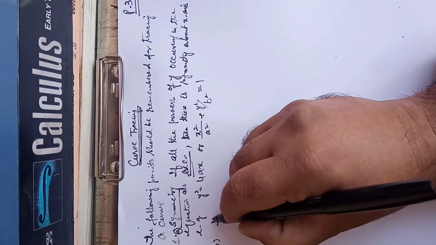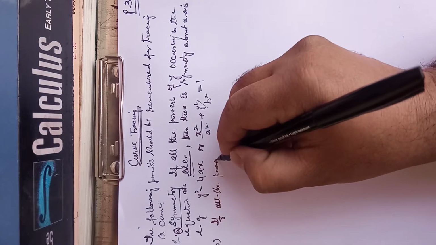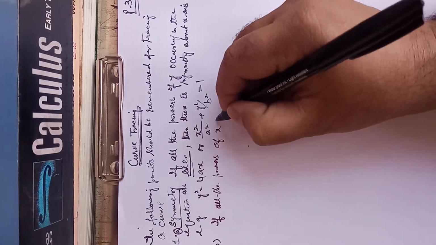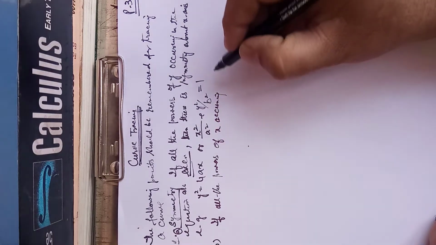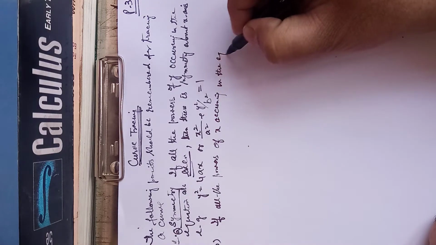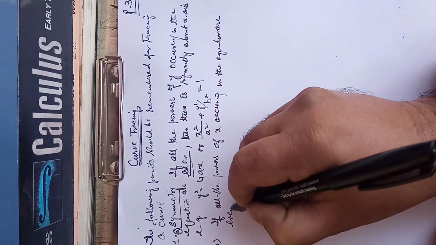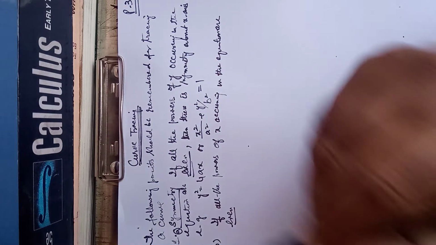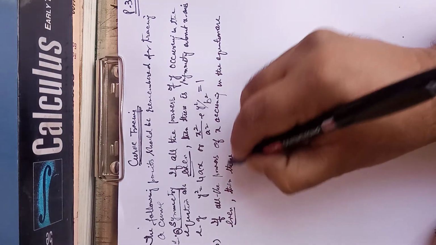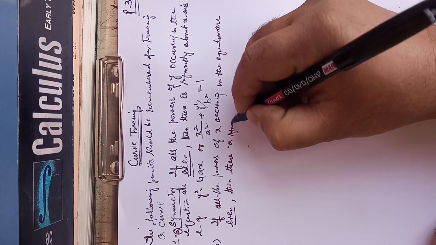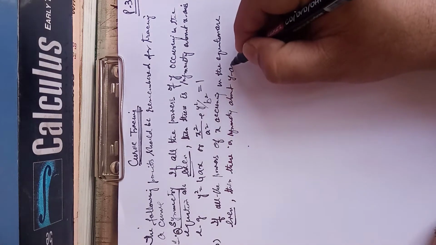If all the powers of x occurring in the equation are even, then there is symmetry about y-axis.